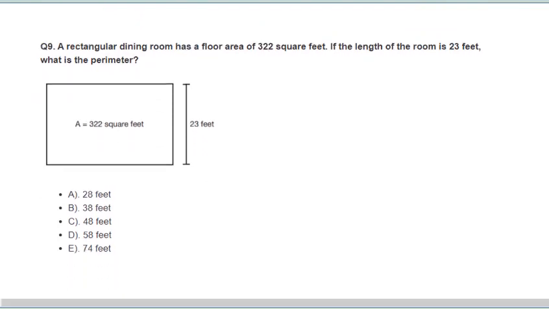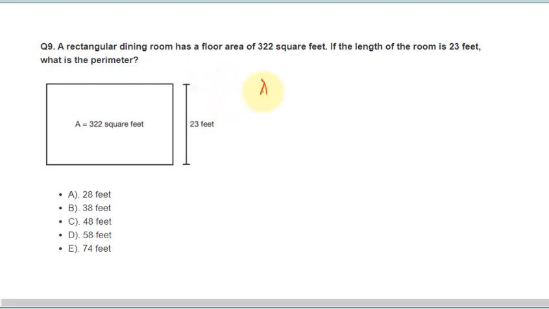This next question says, a rectangular dining room has a floor area of 322 square feet. If the length of the room is 23 feet, what is the perimeter? Now, first of all, I need you to understand that in this question you've been given the area.